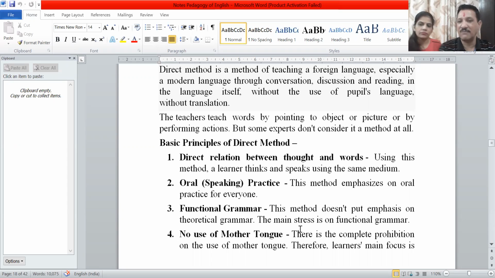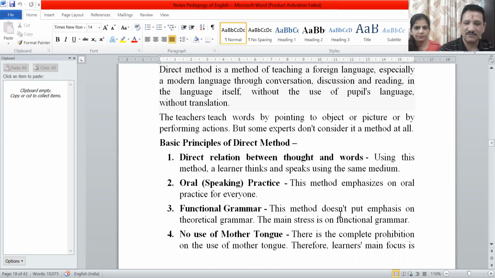After some time, one becomes habitual to it. Therefore, the direct method gives emphasis on oral practice for everyone, in the classroom or outside of the classroom. The teacher as well as the students both speak in English. No other language is used.